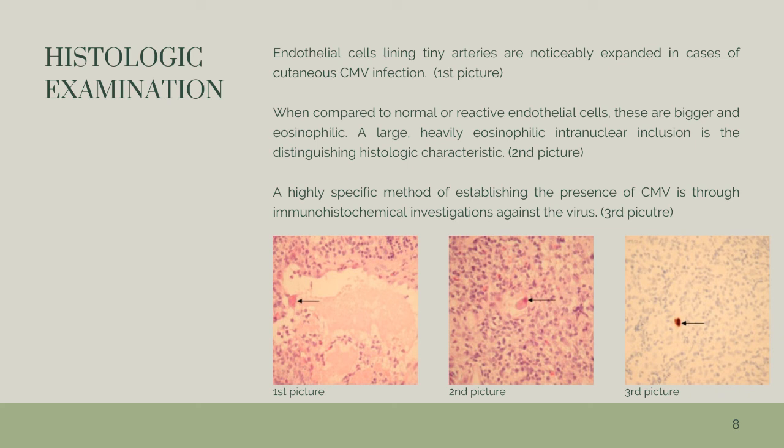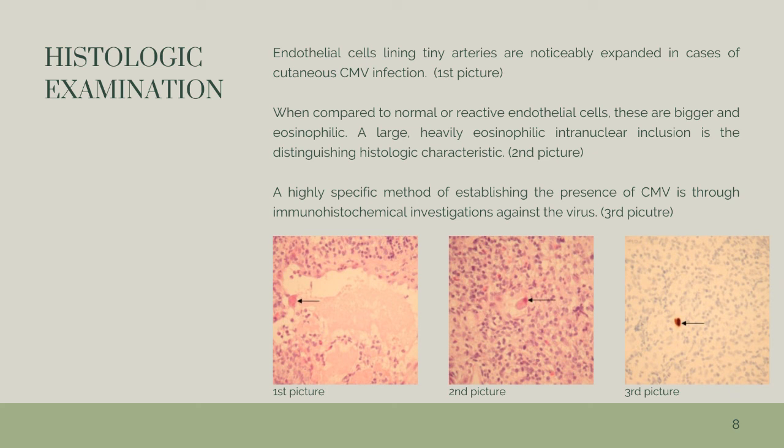Next, when compared to normal or reactive endothelial cells, these are bigger and eosinophilic. A large, heavily eosinophilic intranuclear inclusion is the distinguishing histologic characteristic. So see the second picture. It appears large and bigger. Here you can see it on the arrow.